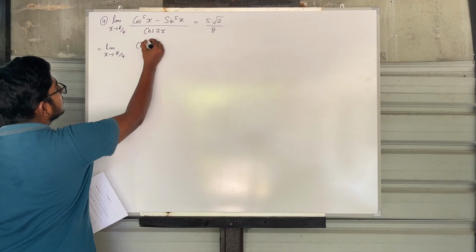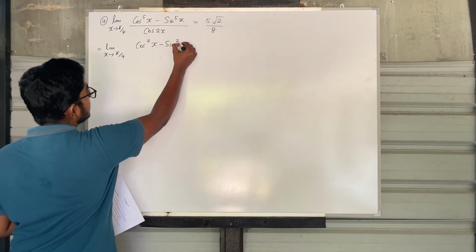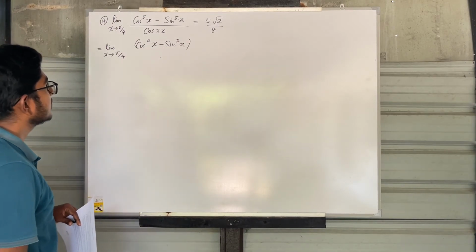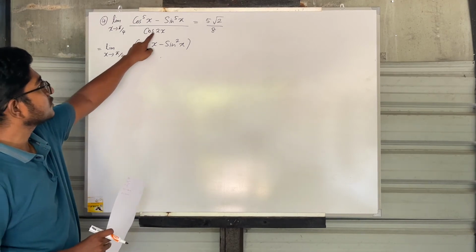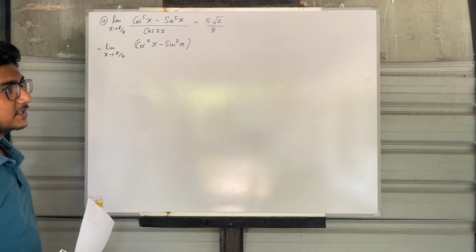So write cos 5 minus sin 5 like this. Cos squared x minus sin squared x. Because I can see in denominator we have cos 2x. Cos squared x minus sin squared x is cos 2x. I can cancel those two.